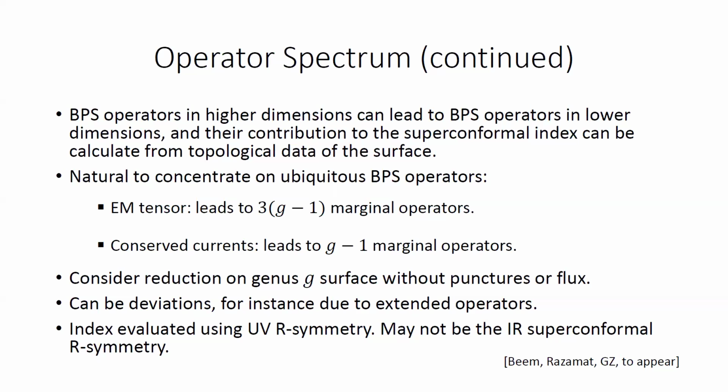It has been noted experimentally in various cases of compactification, particularly from 6D and 5D, that this sort of prediction works at least for sufficiently large genus or flux, but there are deviations, especially for small values of the genus. So, this expectation that the superconformal index would have a contribution of 3g-1 marginal operators, and also g-1 for every conserved current, so g-1 times the adjoint of the group, works at least for sufficiently large genus. If we start looking at small genus, usually you can see a deviation from these predictions.